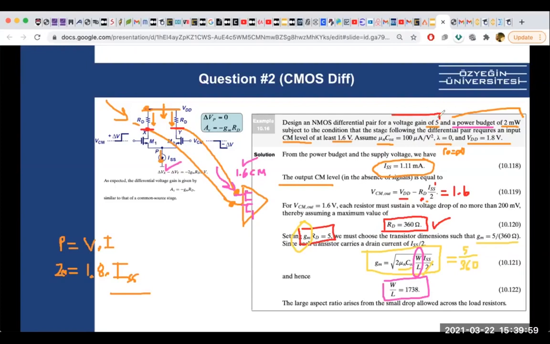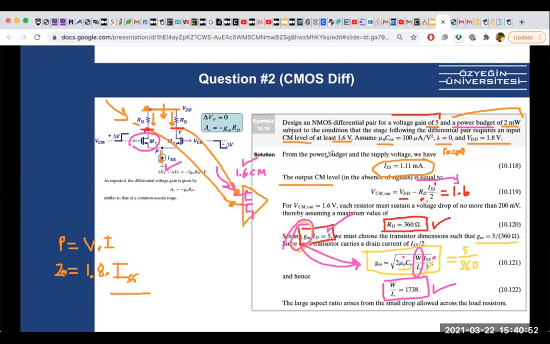And the gain 5 is satisfied by finding the GM because RD was limited by the 1.6 volt, right? So we found the GM, the transconductance, basically how powerful this M1 and M2 should be. So GM shows how strong it is. So basically we found GM, the others already given. So basically we designed the circuit to meet all these specifications.